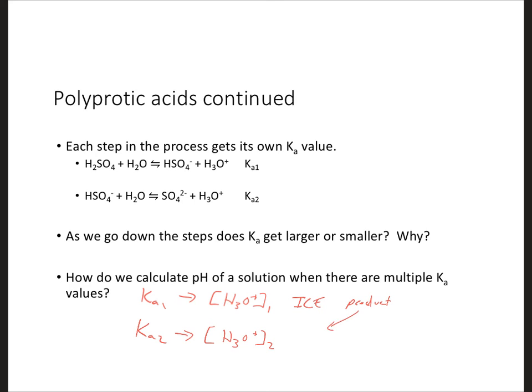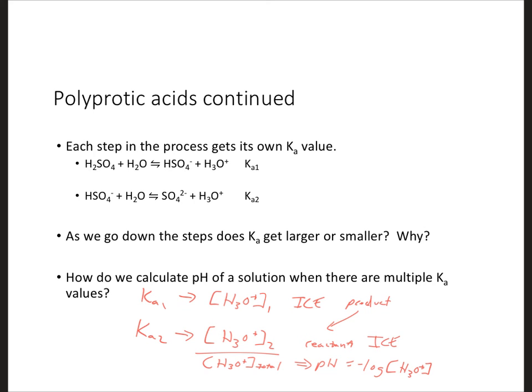So now that product becomes our reactant for the second Ka, and you are going to have to plug that into the ice table. This second ice table is going to give you another H3O plus concentration, and you are going to need to add those together in order to come up with a total H3O plus concentration. And once you have that total H3O plus concentration, you can calculate the pH, right? Because we want to take the negative log of the total H3O plus concentration in that solution.